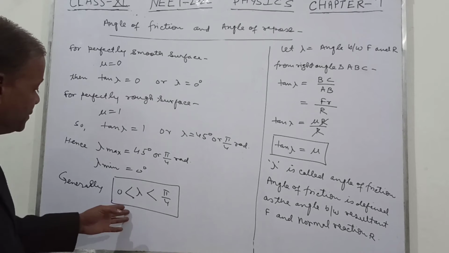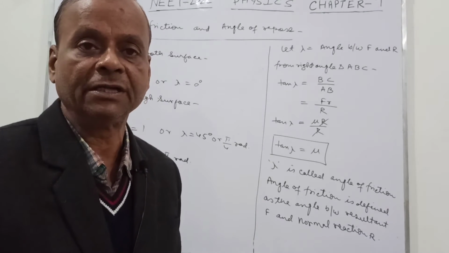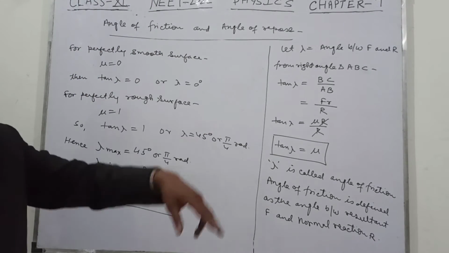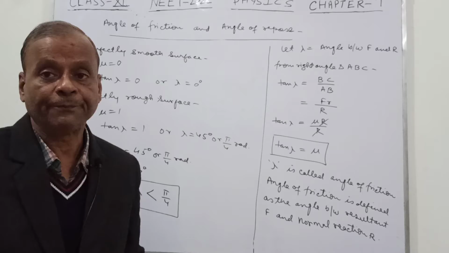So for all surfaces, the value of lambda will lie between 45 degree and 0 degree. This is the angle of friction that I have told you. Now we take the angle of repose.